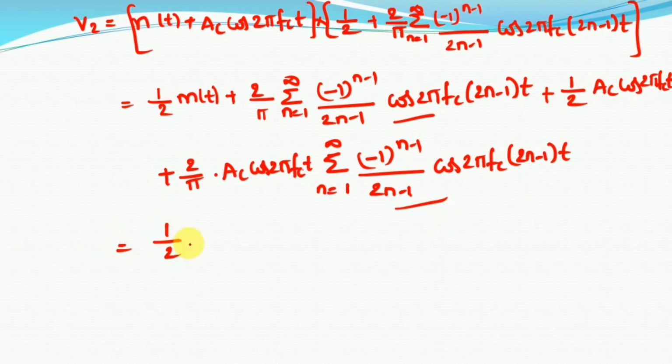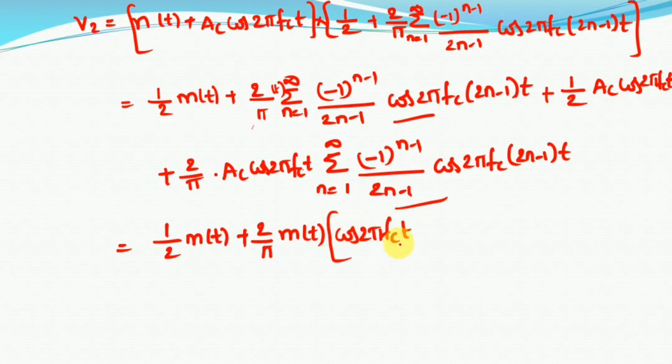Therefore, I can write it as 1 by 2 m of t plus 2 by pi m of t into, substituting n value as 1, cos 2 pi fct, and n value as 2, minus 1 by 3 cos 6 pi fct, and so on. We are considering only the first two terms for easy understanding.